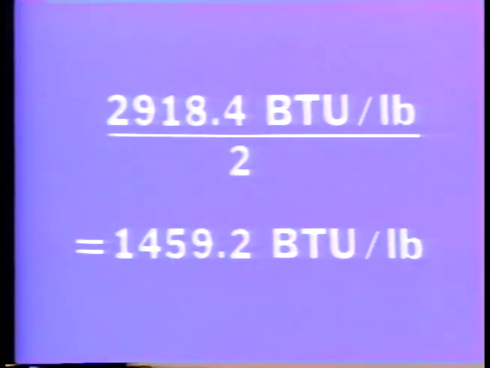Dividing this by 2, we get 1,459.2 BTUs per pound as the enthalpy value for steam leaving the boiler at 2,450 psia and 1,000 degrees Fahrenheit.